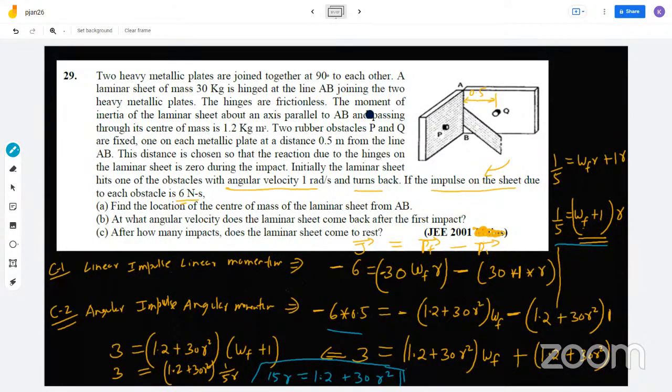So 0.1 is given. Yes, 0.1 is given, but will 0.4 satisfy?